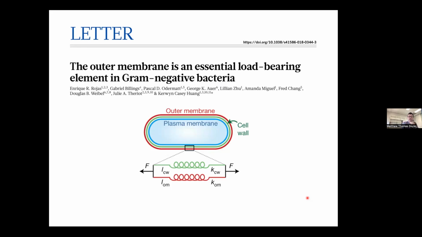And in fact, these guys at Stanford, led by Enrique Haas, who's brilliant, discovered that, in fact, it's not the peptidoglycan, but it's the outer membrane that holds a significant amount of the load of the cell's pressure against osmosis, okay? So, in fact, there is a slight positive elastic potential energy in the outer membrane. It's always under stress, it's always under tension.